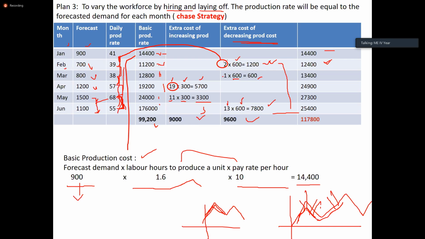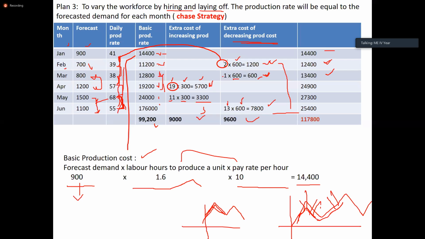And third value, basic production rate 12,800, and removing some employees, for that you are paying 600 cost, accumulating total value is 13,400. Here also 19,200 production rate, and you are hiring because demand is increased from 800 to 1200 based upon that production rate increase.